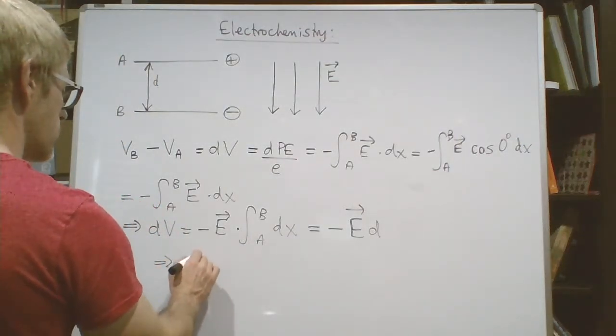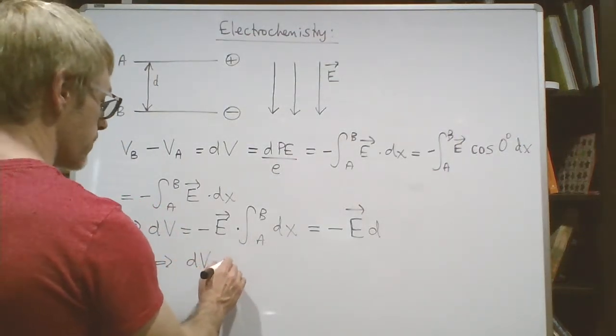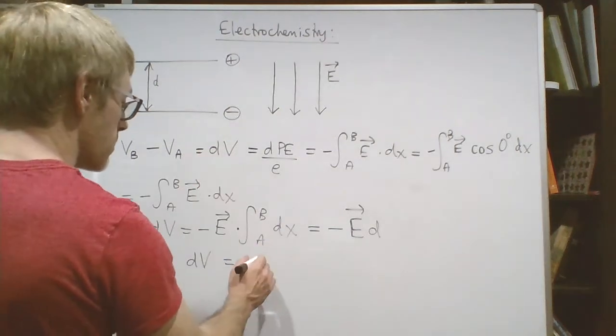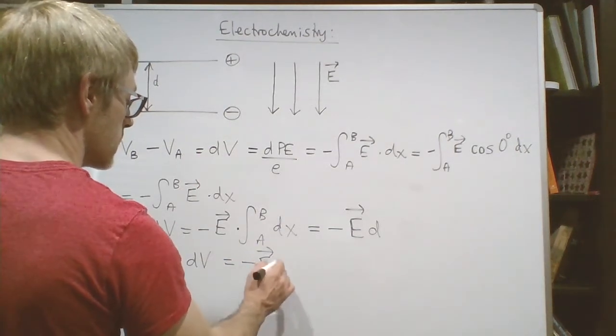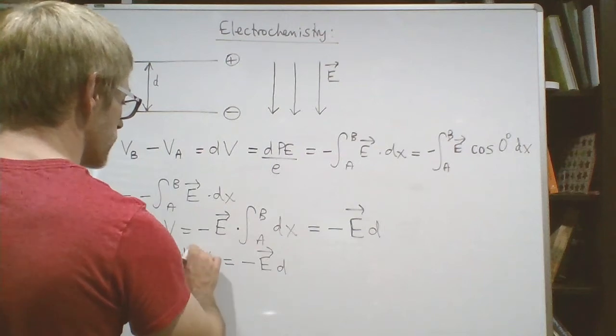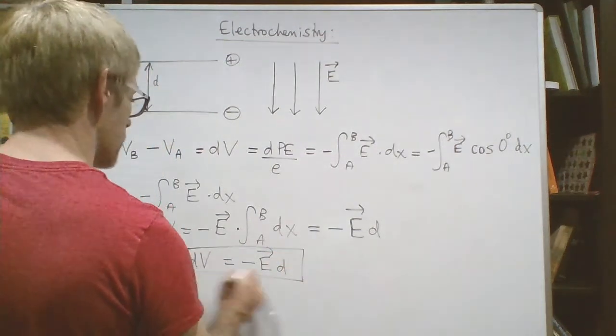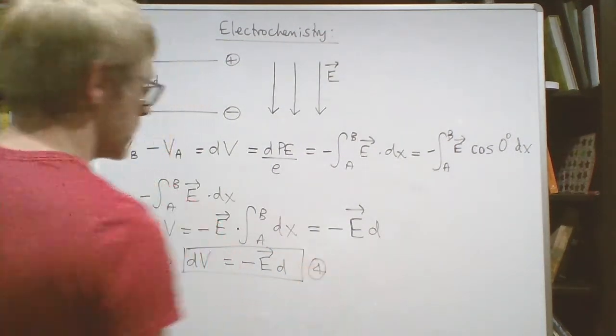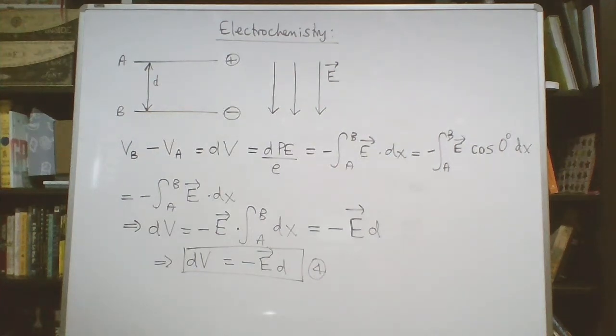So we've got dV, the voltage difference, at least in this setup, is minus E d. Let's call that equation 4. We'll clean the board and then we'll say some words about this.